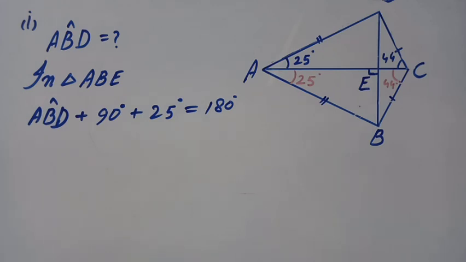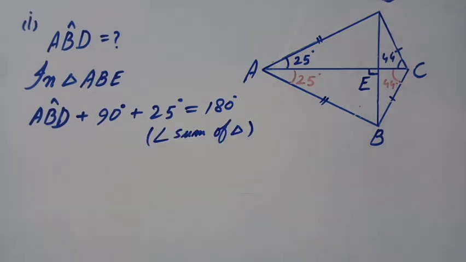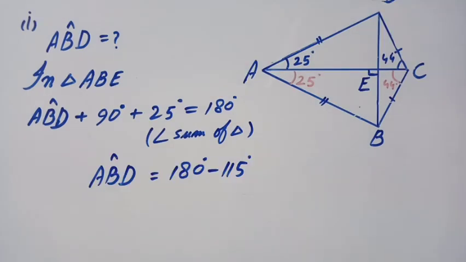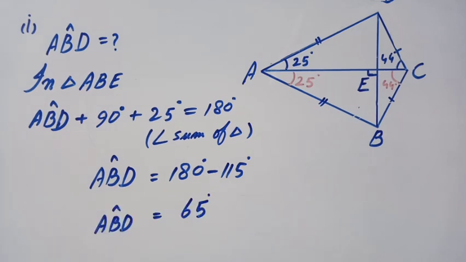So over here we write ABD plus 90 plus 25 is equal to 180 degree, because angle sum of triangle. Now solve it algebraically to find out the unknown angle ABD. So the angle ABD is equal to 65 degree. Hence we have found that angle ABD is equal to 65 degree, right?